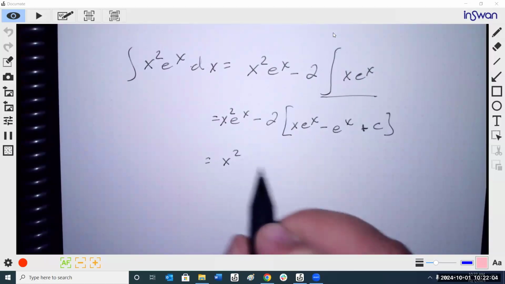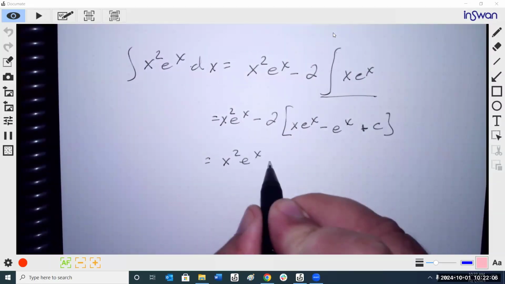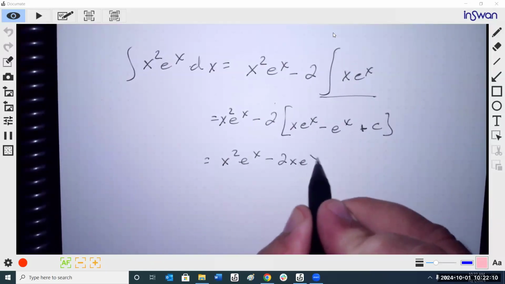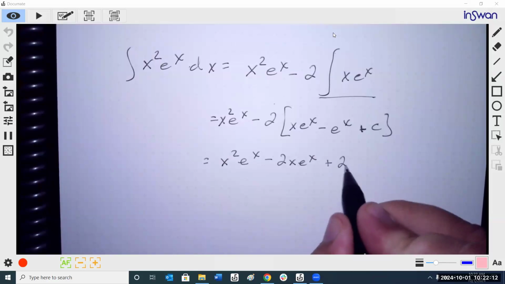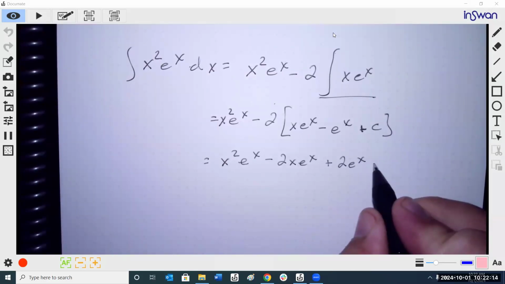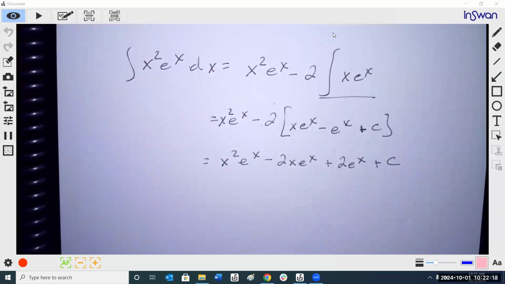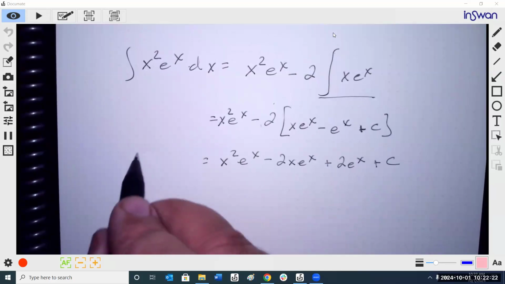So we have x squared e to the x, distribute that 2, so we have negative 2x e to the x plus 2 e to the x. Negative 2c is still going to be a plus c. So that's our answer.